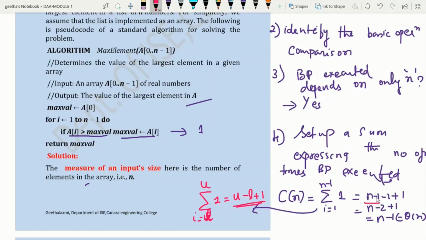U is n minus 1. This is U and this is L, the lower bound. So we get n minus 1, and n minus 1 belongs to theta of n. So n minus 1 can be directly written as theta of n.